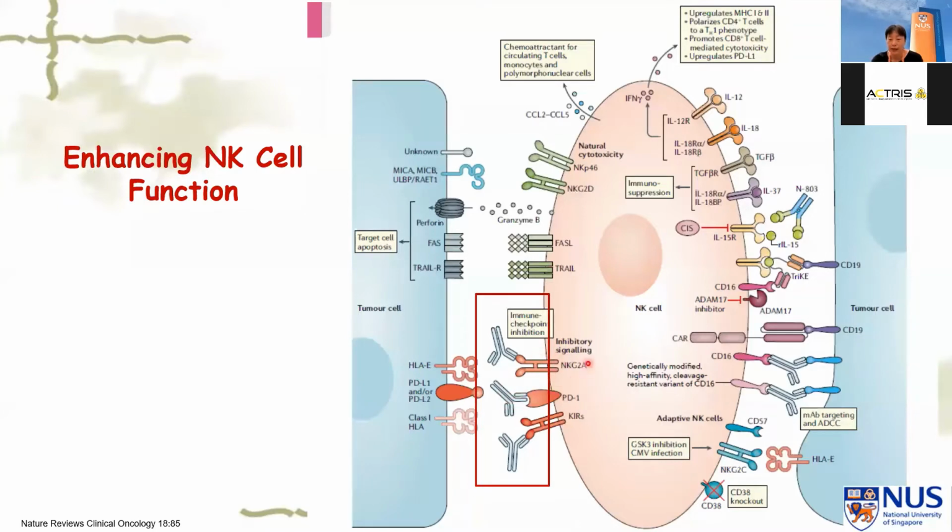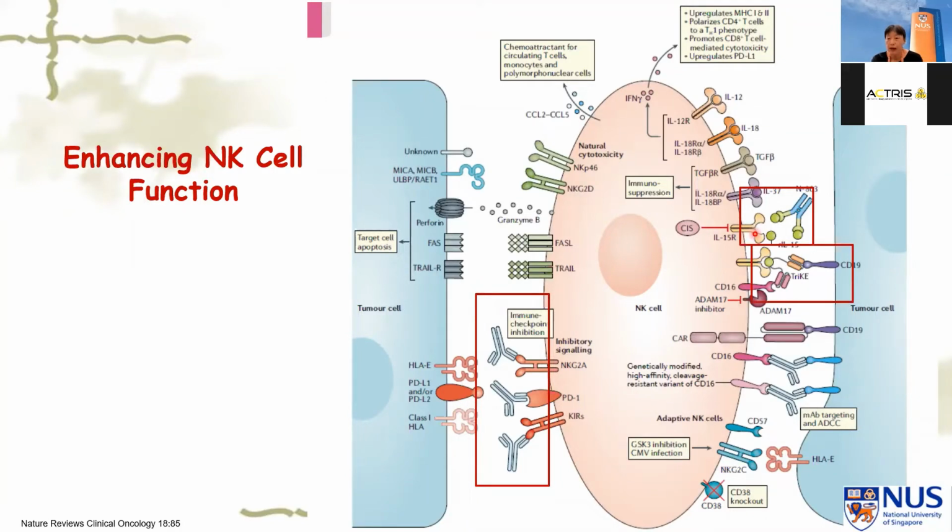They also express NKG2A and KIR, which are inhibitory receptors of NK cells, which can be blocked to enhance NK function. There's also a lot of effort in enhancing IL-15 signal by making superagonist IL-15 to stimulate through the IL-15 receptor.